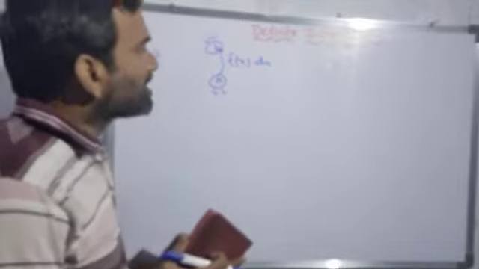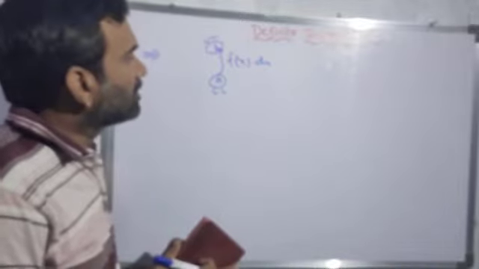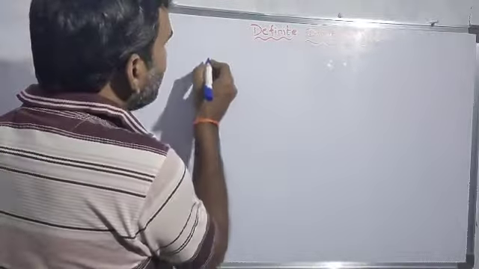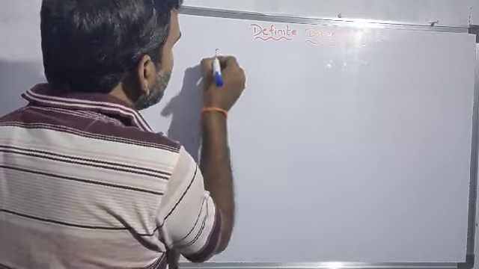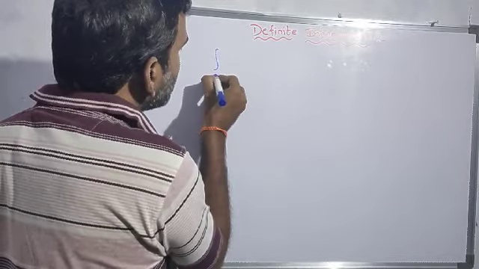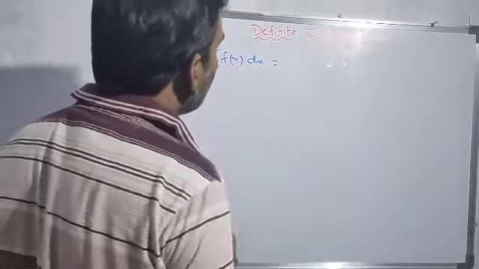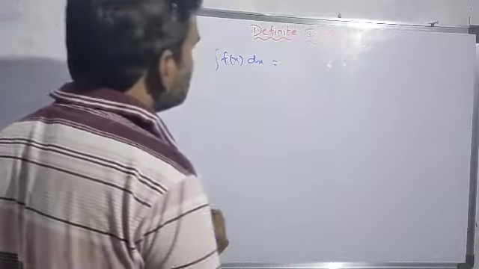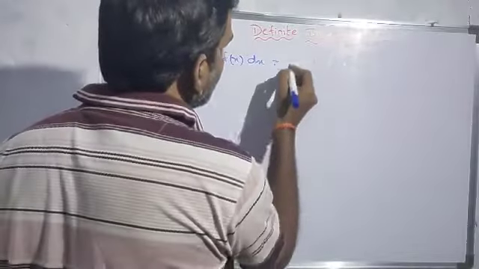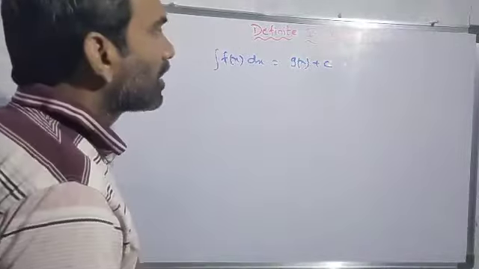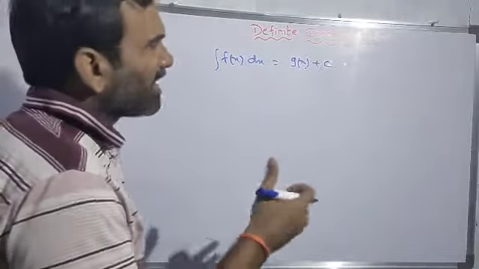So what is the difference? Let us study it in a simple manner. Already we know that the integration of f of x dx equals, for example, g of x plus c, or we can take capital F of x plus c.